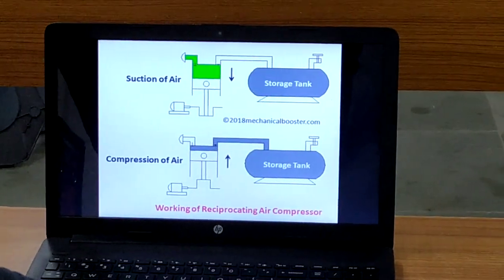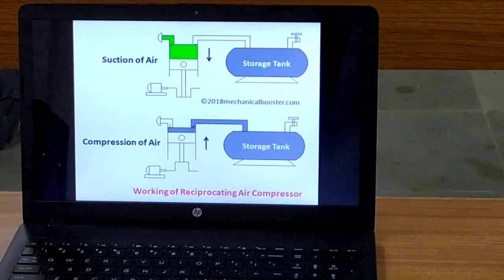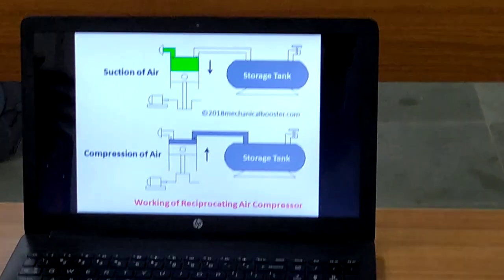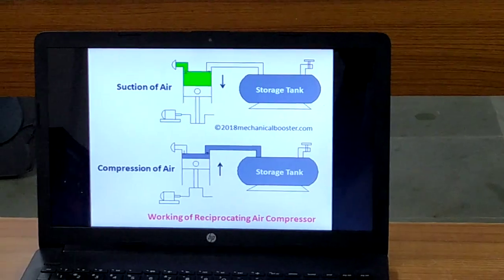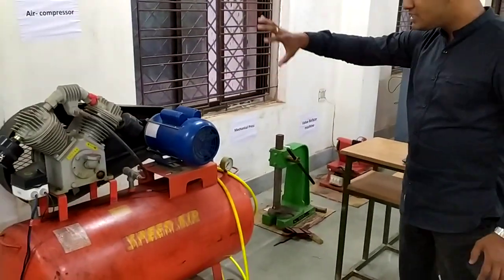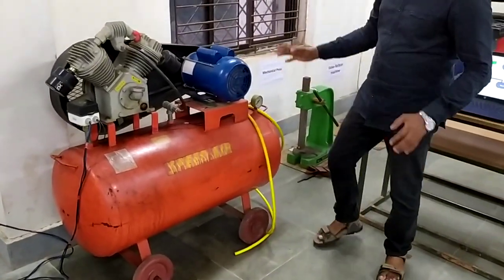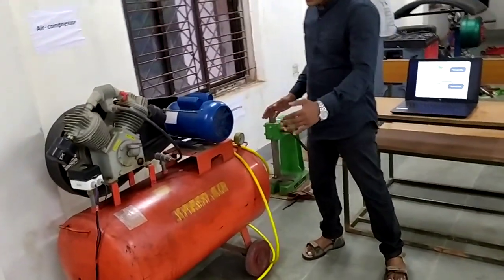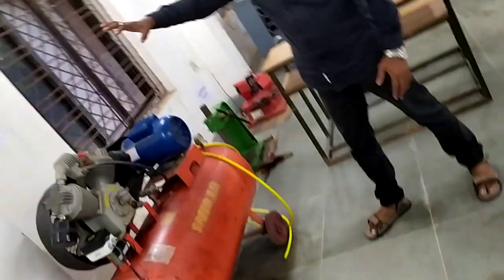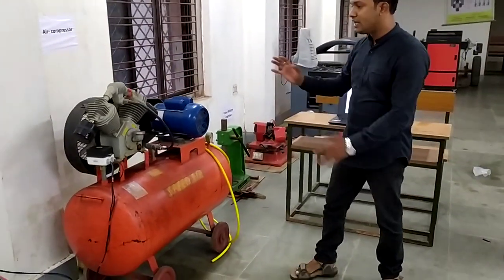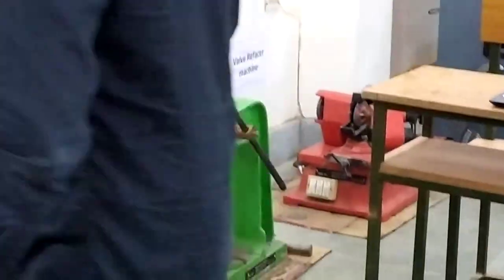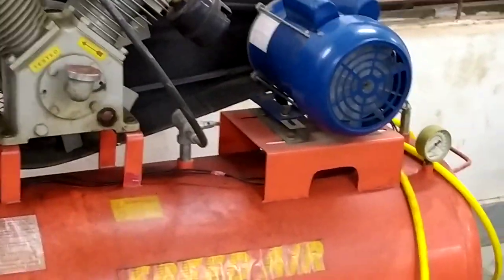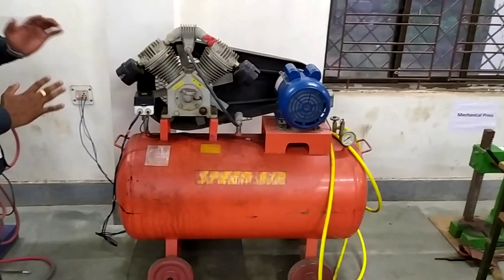Now we will go to the demonstration that will give you more knowledge. Now you see this is your air compressor. Now we will start this air compressor. Then I will take all the parts and zoom in. Now we start this air compressor. Then I will explain everything.